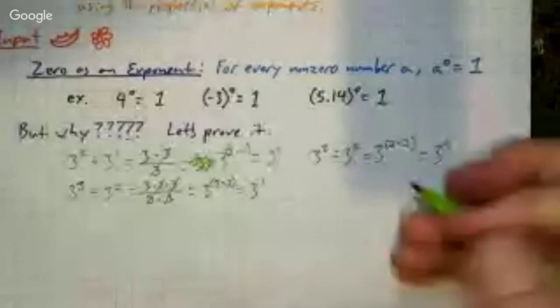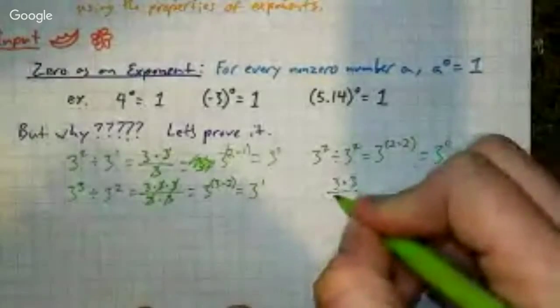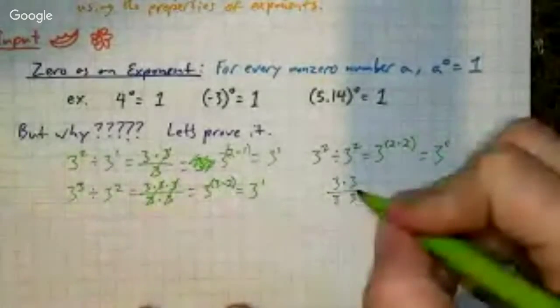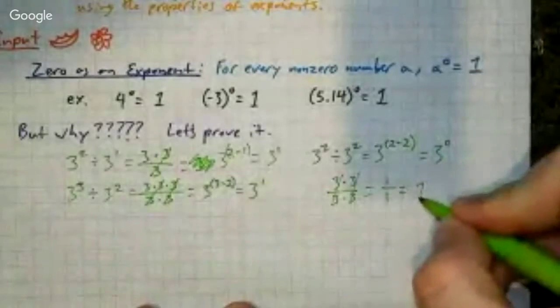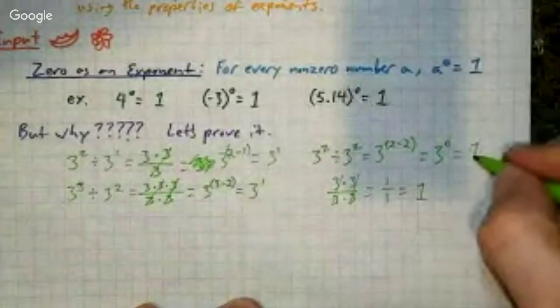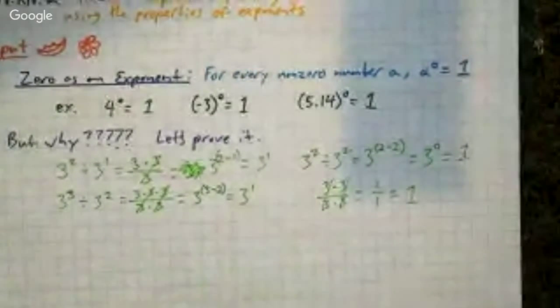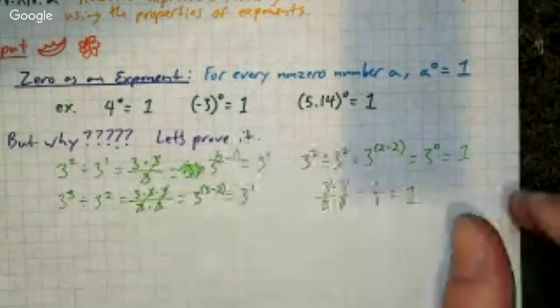And we know that this would be the same thing as saying 3 times 3 over 3 times 3, meaning we cross off, and are left with 1 over 1, which is 1, which means that makes sense. Now, it's a little confusing, but at least there's a way to prove it.